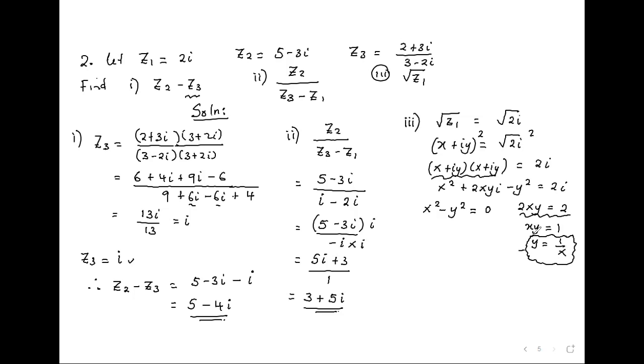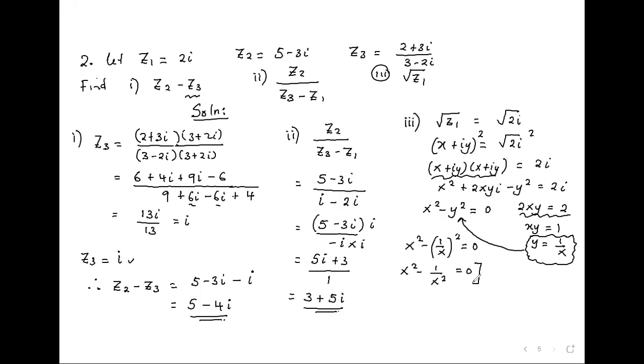So when we come here where there is y, we substitute. So we have x squared minus (1 over x) squared, because y here is squared, we square here too, is equal to 0. Giving us x squared minus 1 over x squared is equal to 0.